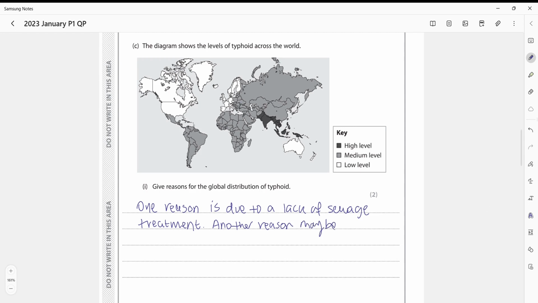Maybe due to lack of healthcare. Other things that you can also say is that it looks like the distribution is more or less in more developing countries, and these places are also quite highly populated as well.